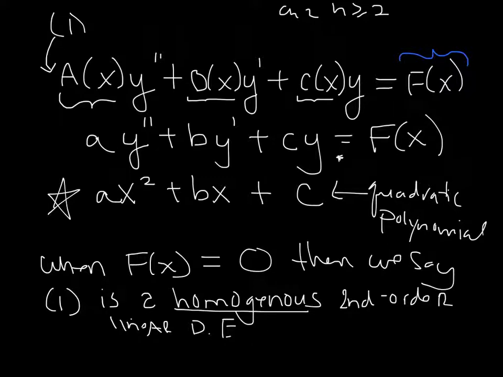So when we're working with second order differential equations and it's homogeneous, we know that the right-hand side is 0. If it's not 0, then it's just non-homogeneous.